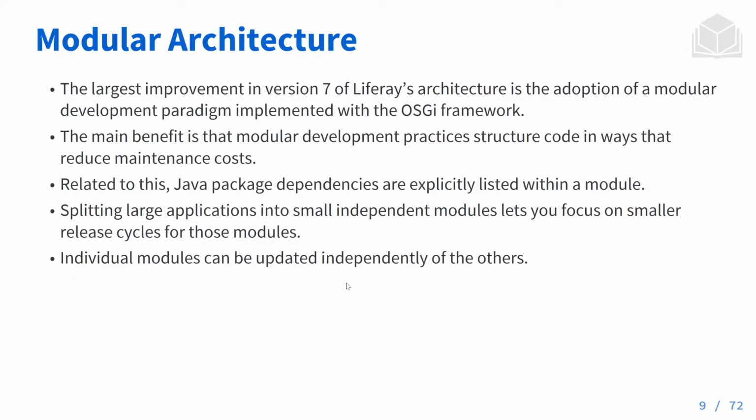So one of the things that has occurred is the way that packages are revealed as dependencies to one another. They have to be explicitly declared. So you'll say this specific package is revealed to the OSGI container, and then another package can import it.